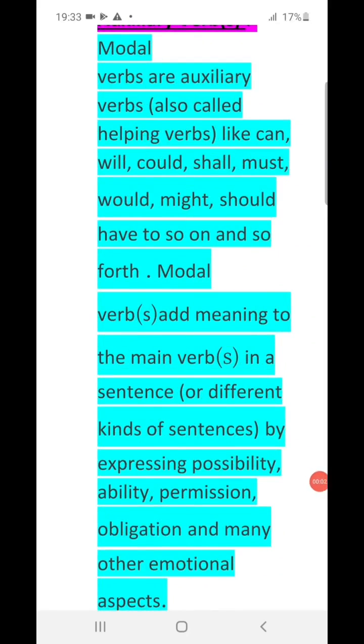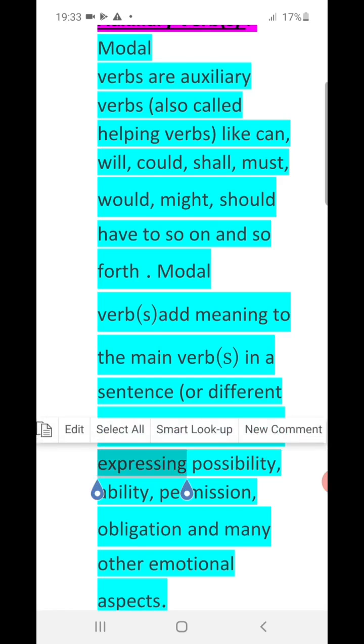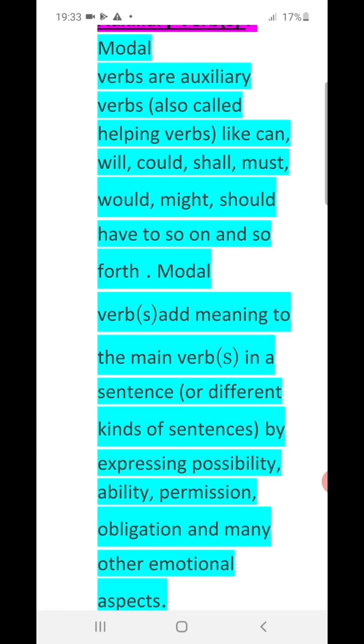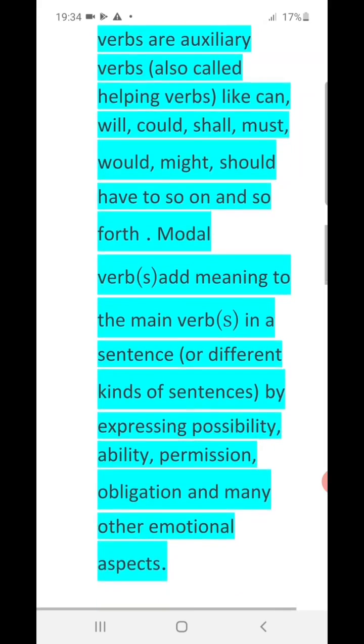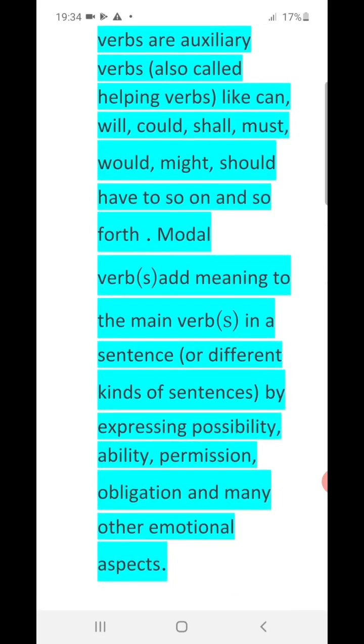Modal verbs add meaning to the main verbs in a sentence or different kinds of sentences by expressing possibility, ability, permission, obligation, and many other emotional aspects.